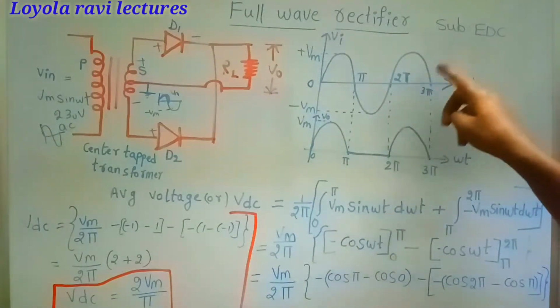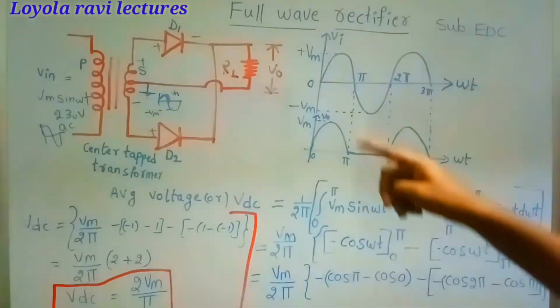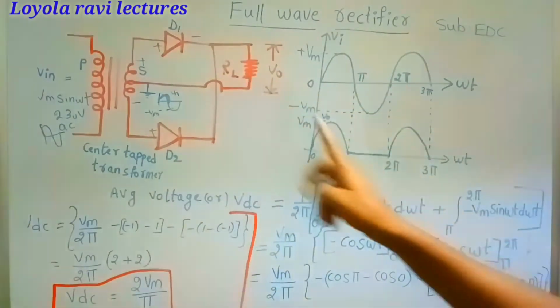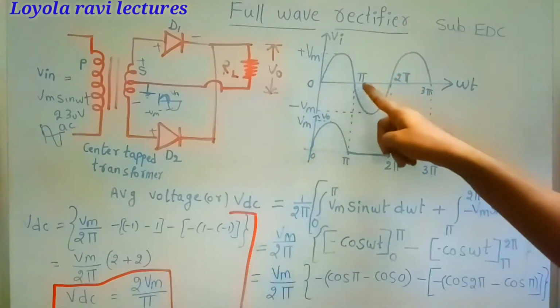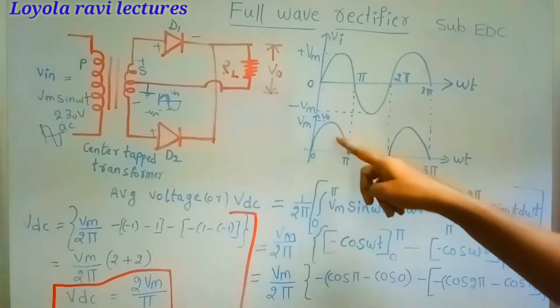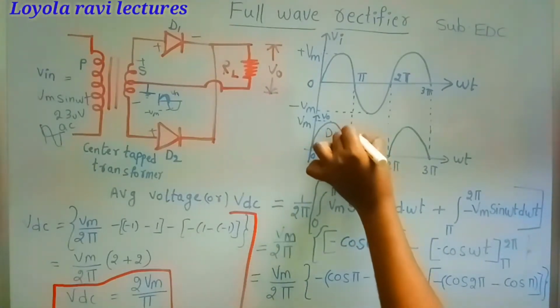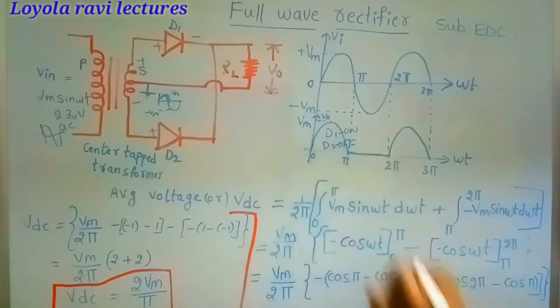This is a continuous step down output given as the input to the rectifier circuit. When we give the positive cycle as the input, D1 is on, so we get only the positive half cycle. Vin, the same as Vin, we get as the output. So here D1 is on and D2 is in the off condition.